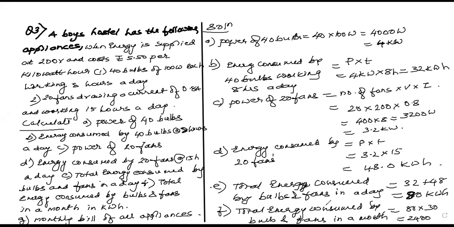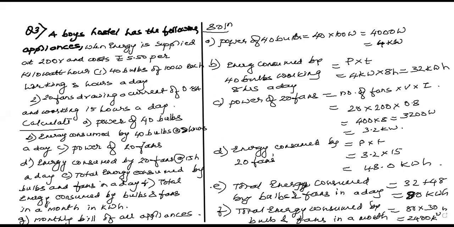Total energy consumed by bulbs and fans in a month equals 80 into 30, 2,400 kilowatt hour. Okay.